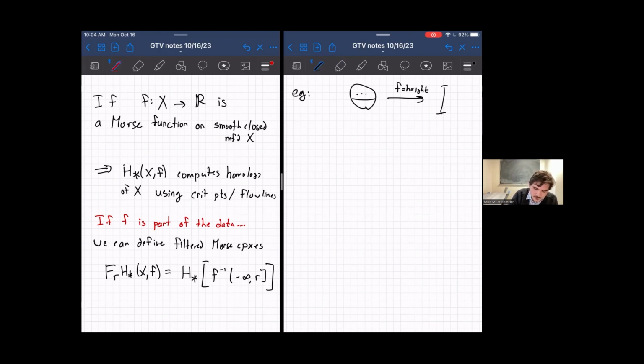Then we're looking at the homology of the empty set for R less than 0, the homology of a disk for R between 0 and 1, and the homology of S2 when I finally get up to that.